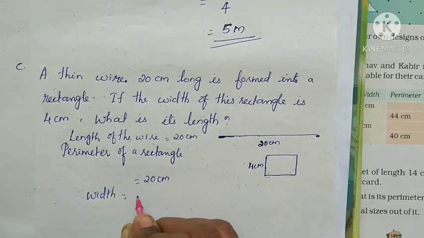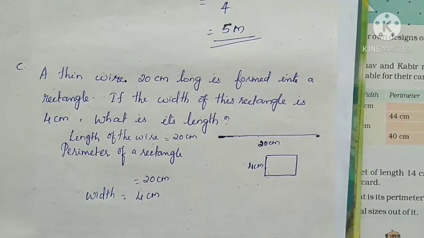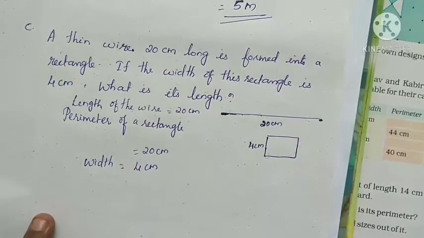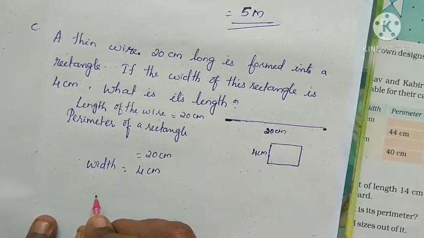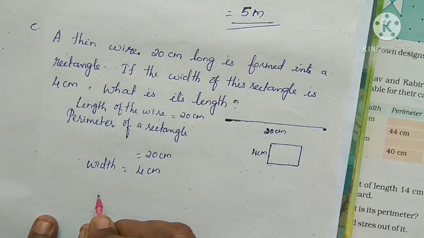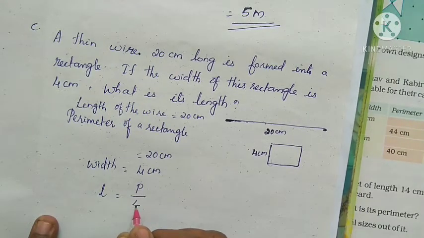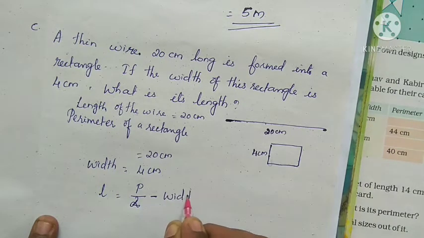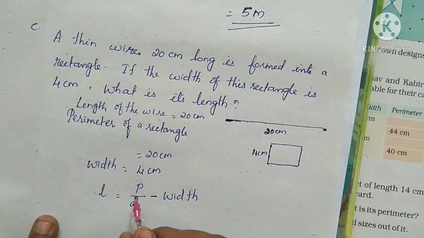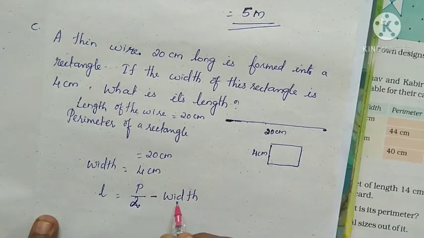Width is equal to 4 centimeter. So we needed to find out the length of the figure that we already studied. That is, length is equal to perimeter divided by 2 minus width.